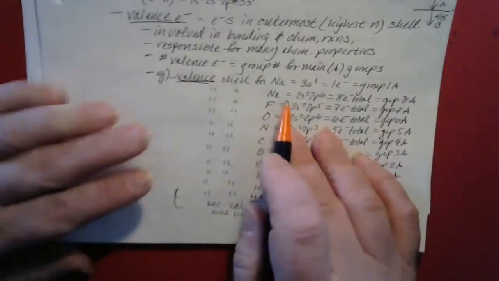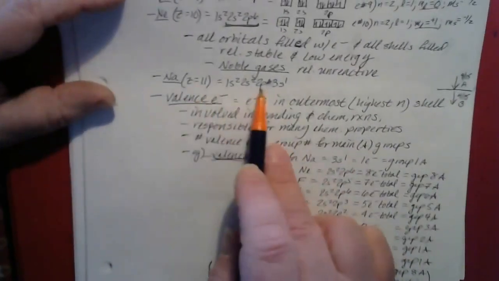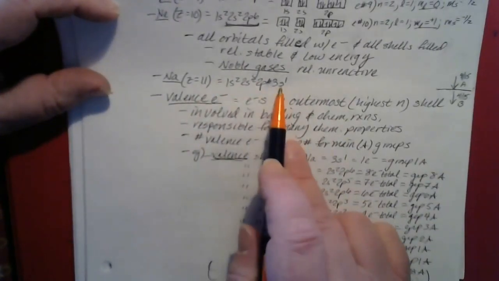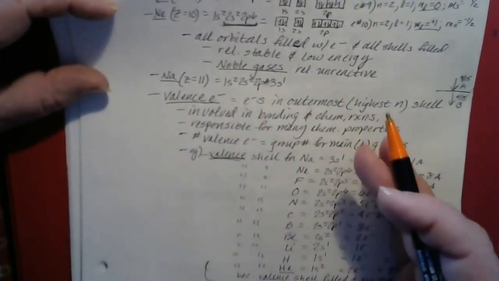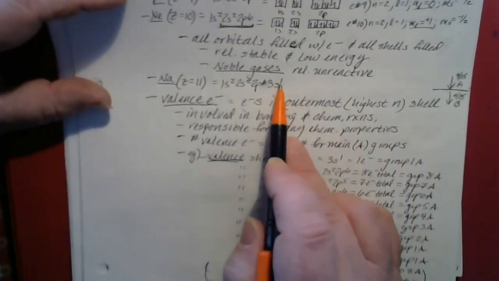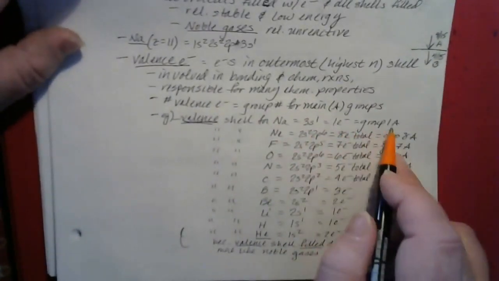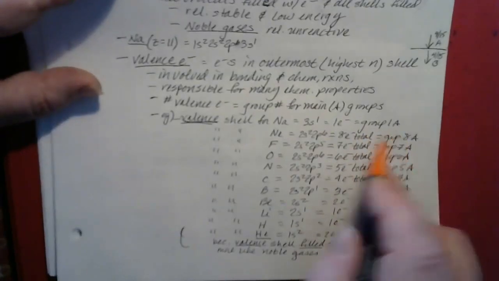For sodium, we saw the electron configuration just a moment ago: 1s2, 2s2, 2p6, 3s1. The valence shell is all of the electrons with the highest principal quantum number. So in this case, that would just be that single s electron in the third shell. So sodium has 1 valence electron, and that's why it's in group 1A.